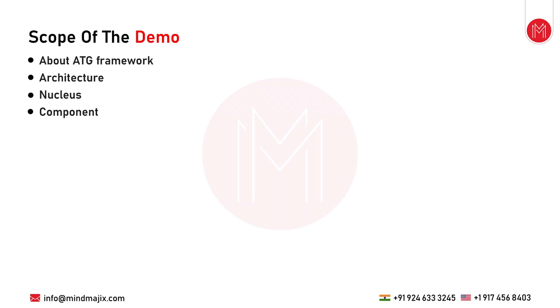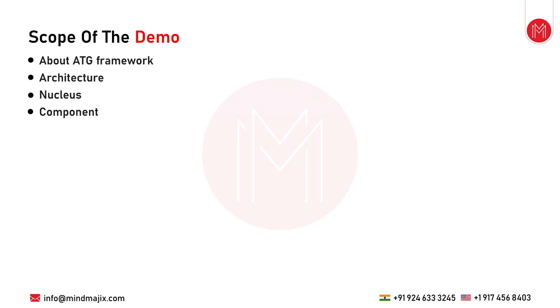So the ATG introduction I would like to give is: ATG stands for Art Technology Group. It was standalone earlier and then acquired by Oracle in 2010. ATG is an e-commerce platform which provides out-of-the-box features in order to create a self-sustainable e-commerce website, starting from content loading to cart and checkout and finally the payment.